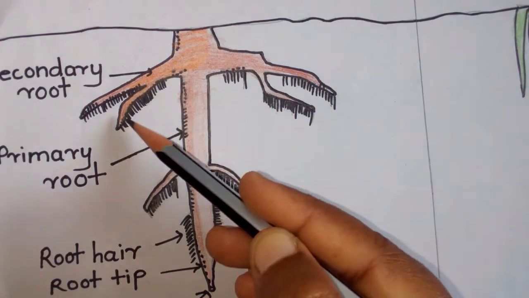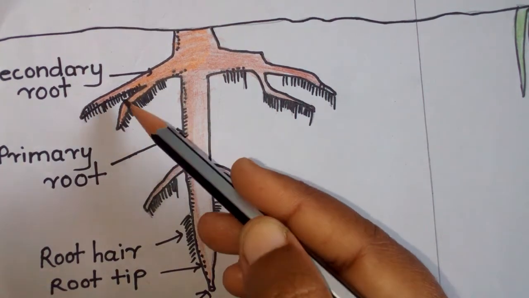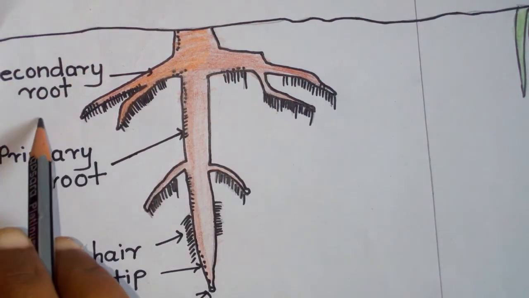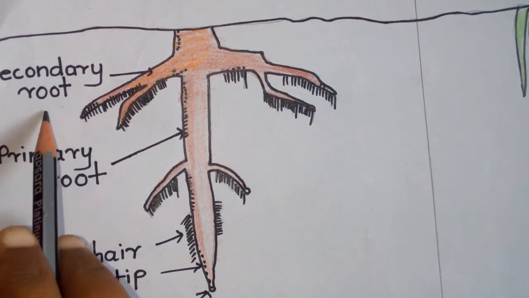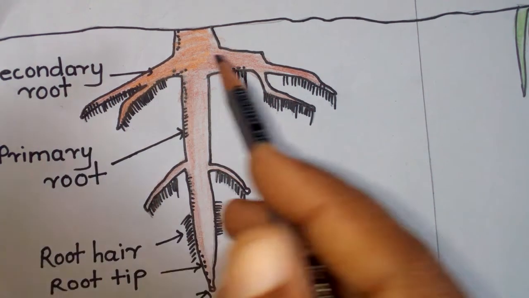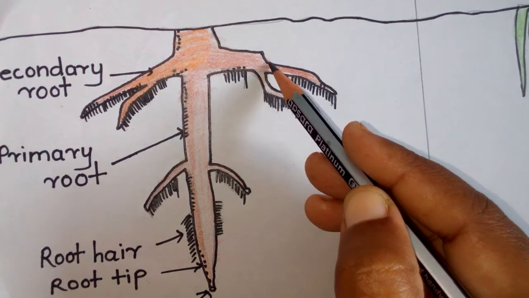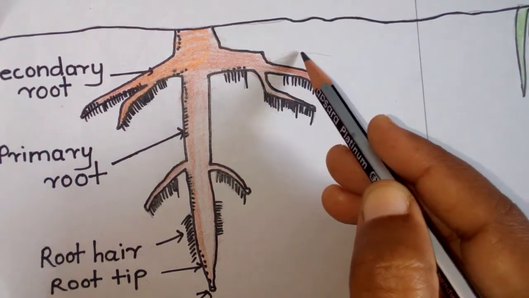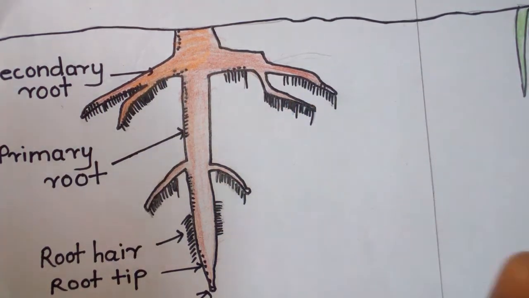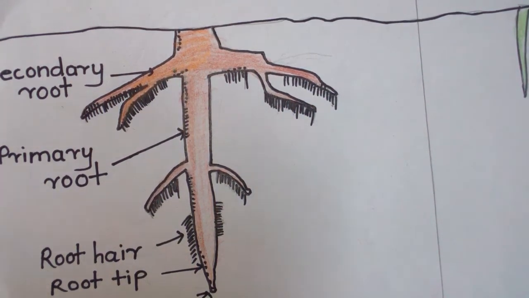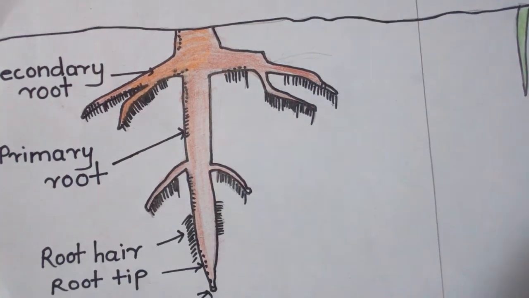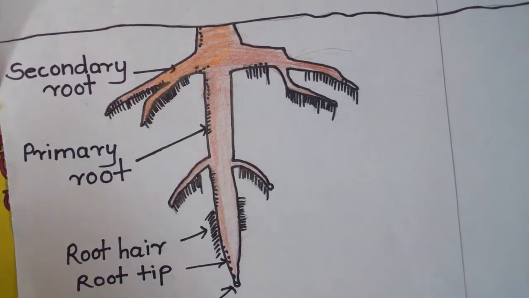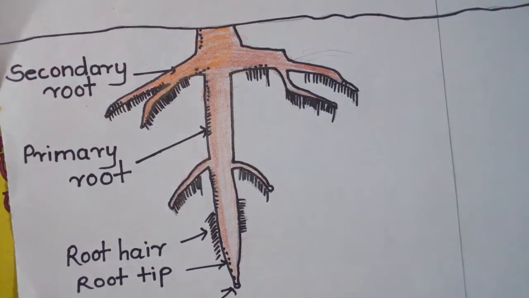And the roots that grow on the primary root are said to be the secondary roots. On some plants, on the secondary root again some roots are formed, and they are said to be the tertiary roots, understood? So roots are differentiated into three types.